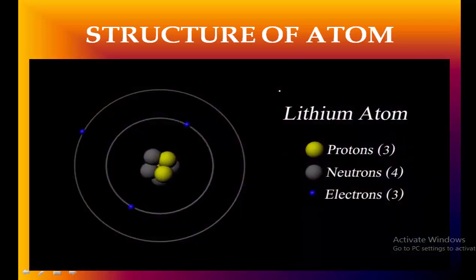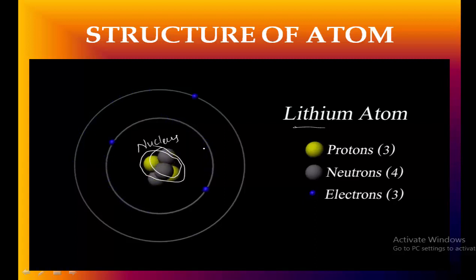Here I have considered one element, lithium. The atom consists of a nucleus which is present at the center of the atom. That is, the central region of the atom is said to be the nucleus.